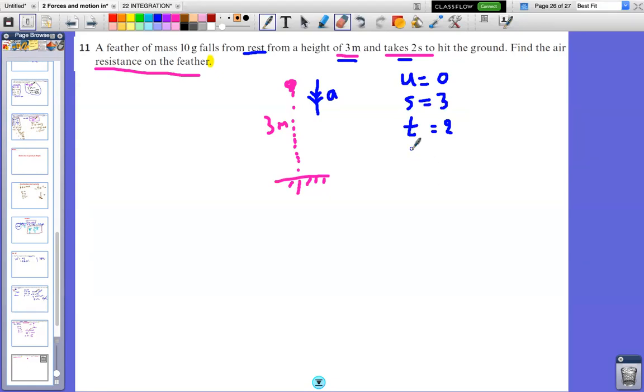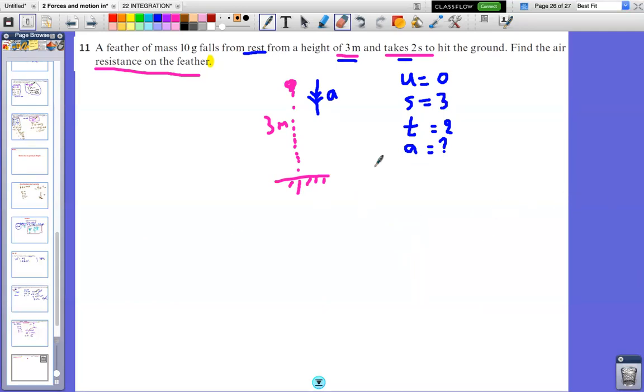And we need to look for a. Which equation should we use here to look for a? Who is this, Floria? Yes. Which equation should we use?